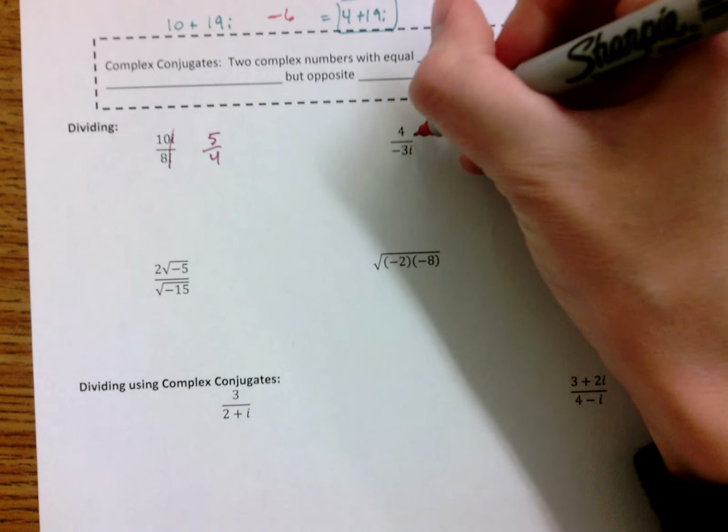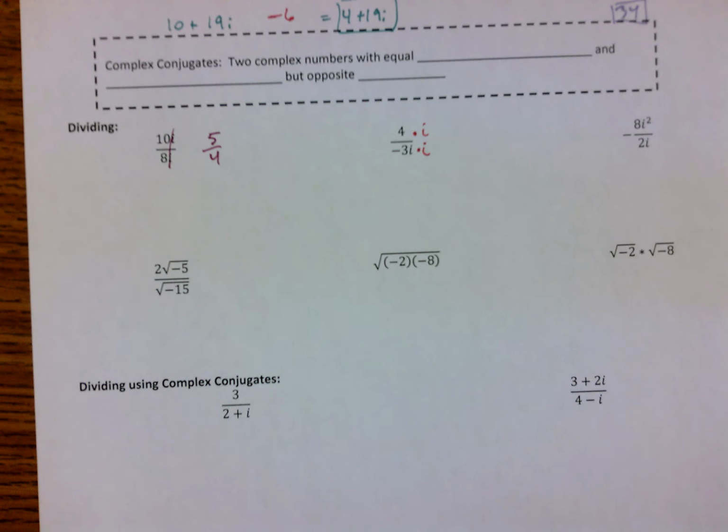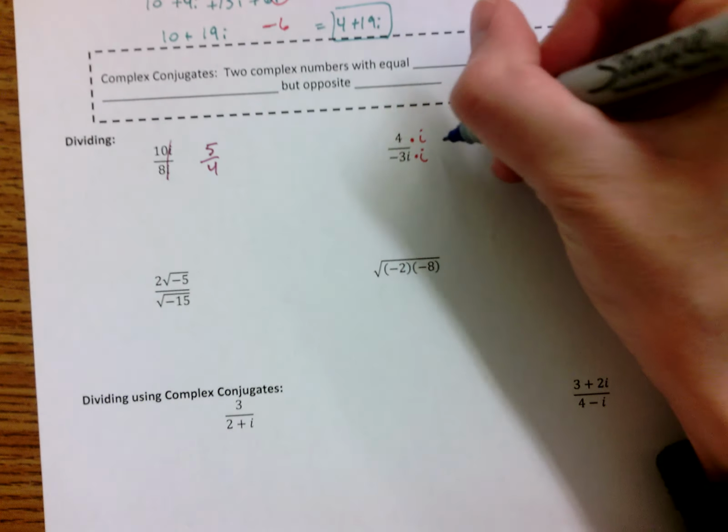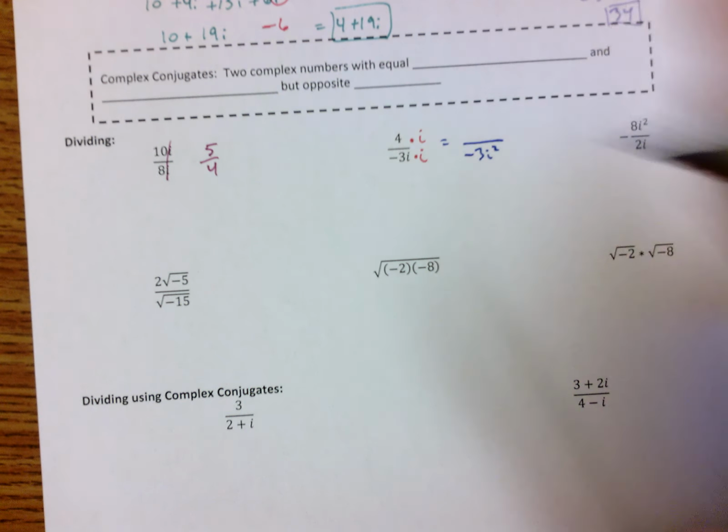Well, I'm going to multiply top and bottom by i. Because what that's going to do is, when I look at the denominator of my fraction, I get negative 3i squared.